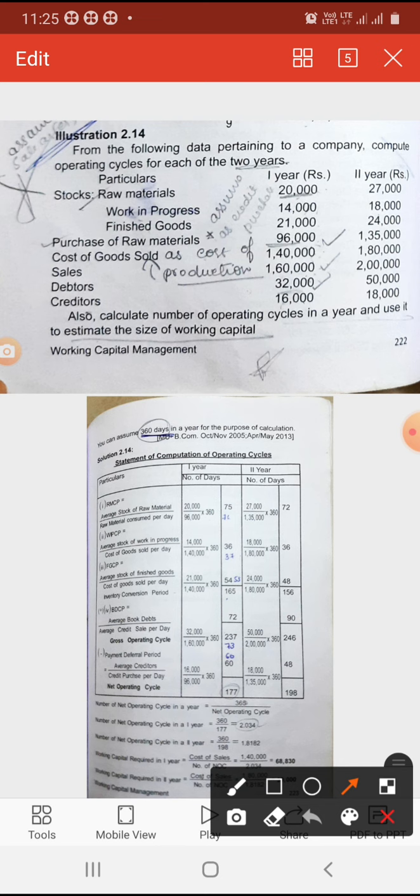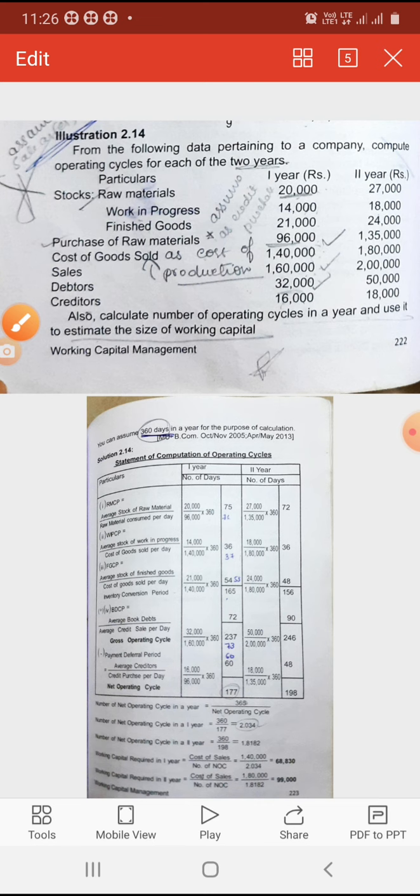Cost of goods sold is given as 1,40,000 and 1,80,000. Multiply with 360, you will get 54 and 48. Then you add it, you will get 165 and 156, with a rupee difference because of rounding off. Calculate and write.